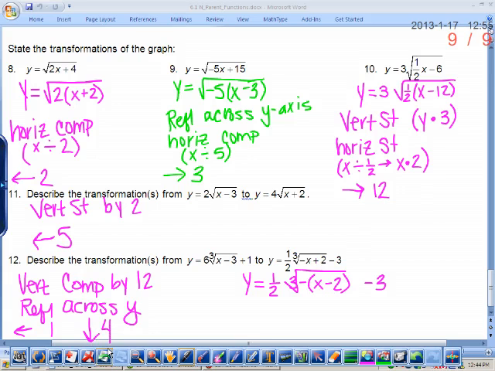What questions do you have on this one? Yeah. Well, to go from -3 to -2, what'd you do? You added 1. And remember, it's the opposite when it's on the inside. So you go to the left 1. Blake? Why isn't it a vertical compression by 1/12? That's accurate. Equivalent statements.